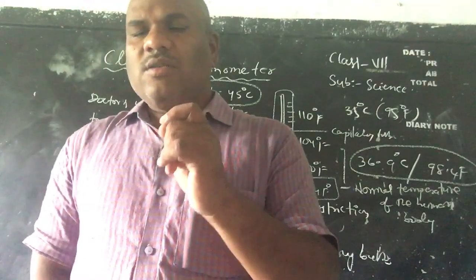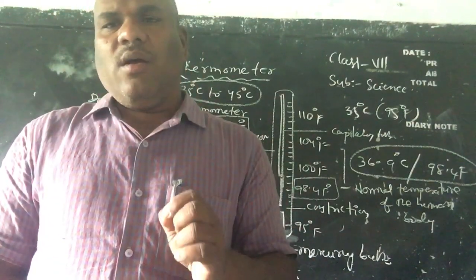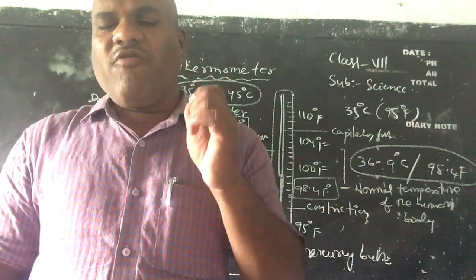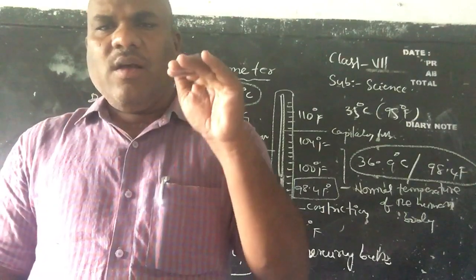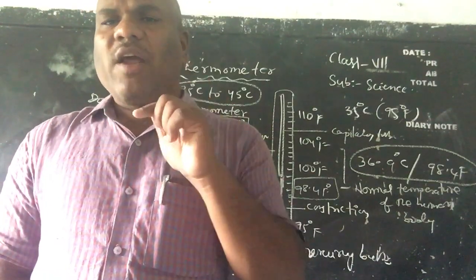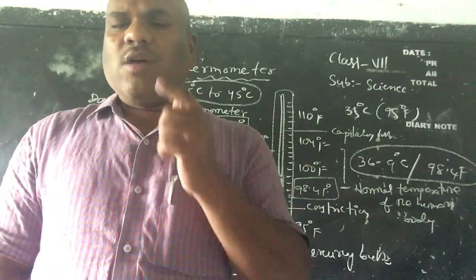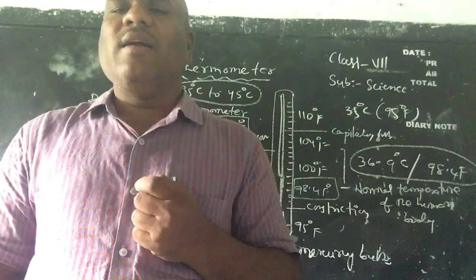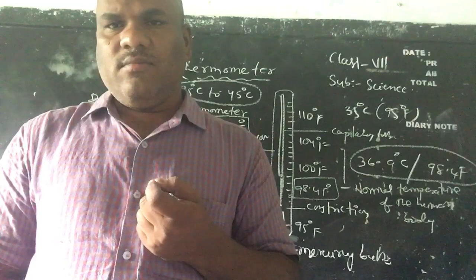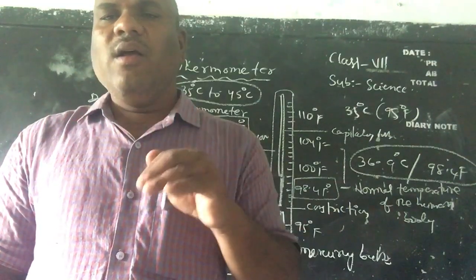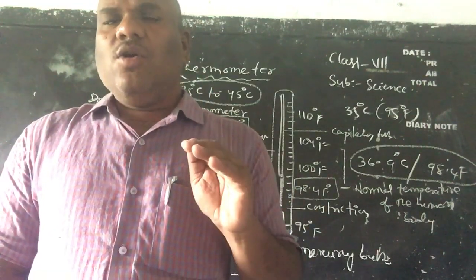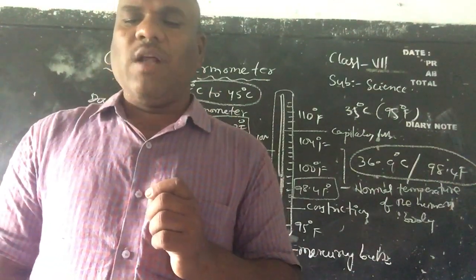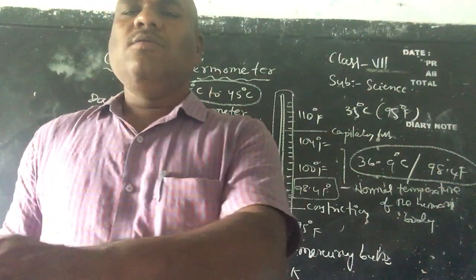Why can we use this thermistor thermometer, children? If you take a clinical thermometer, small children cannot hold it under their armpit or tongue. It is very difficult because they are naughty and infants are of very small age. So the temperature of such people must be measured with the help of a thermistor thermometer.